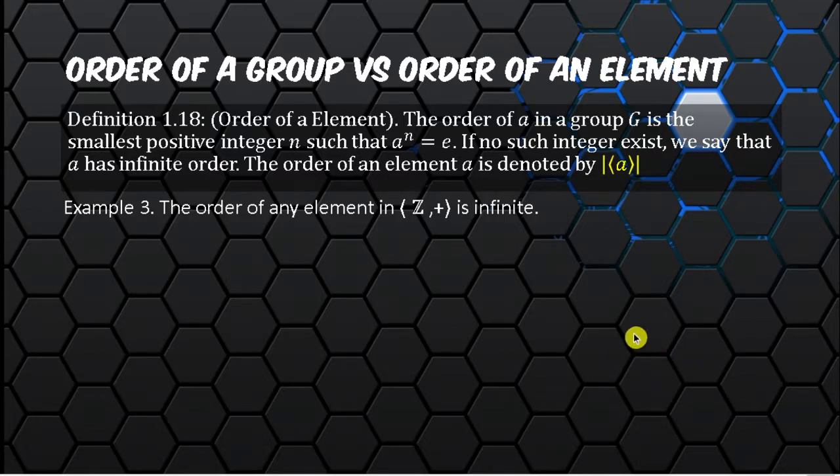Pag mag-add ka ng 1, ang generator natin halimbawa ay 1 kanina na siyang nasabi natin, 1 plus 1 plus 1, kahit ilang 1 ang i-add mo dyan, hindi ka makakarating sa identity element na 0. That's why it's called infinite yung order ng particular na element na yun. Ganun din kay negative 1. Actually, ganun din sa lahat ng elements ng group na ito.